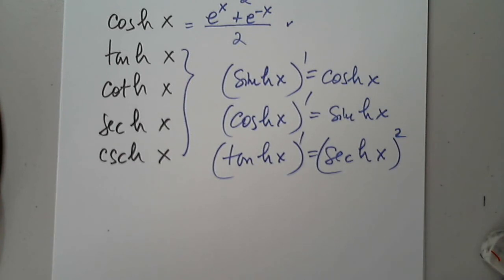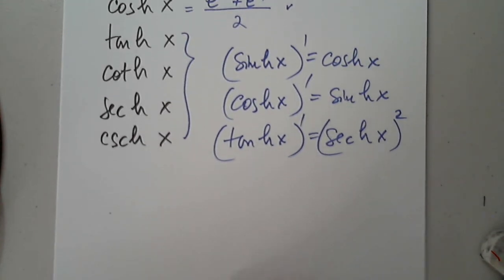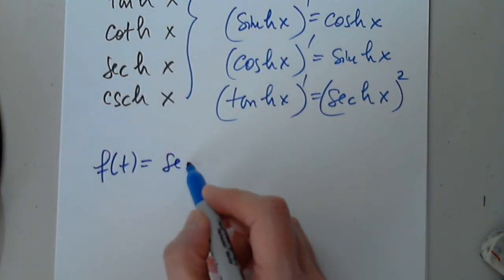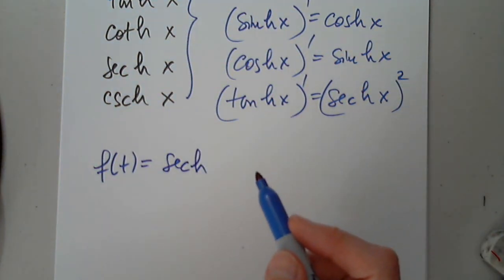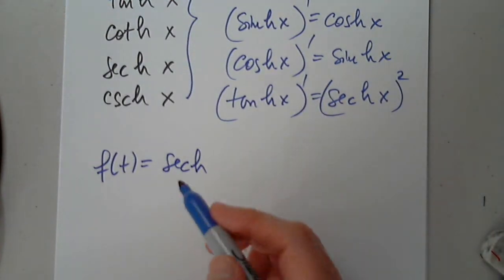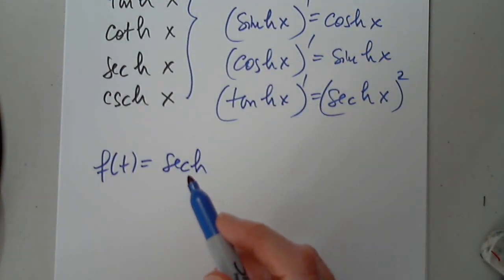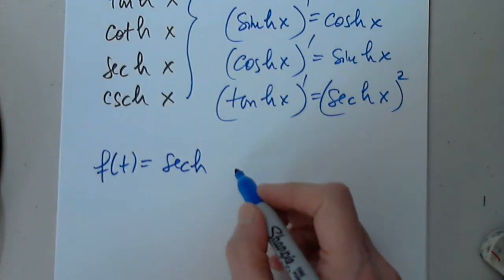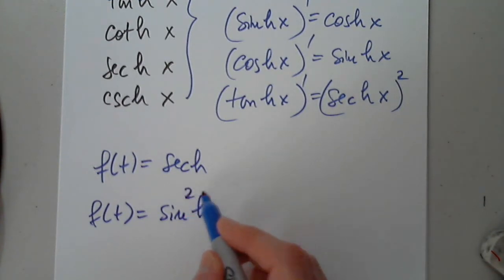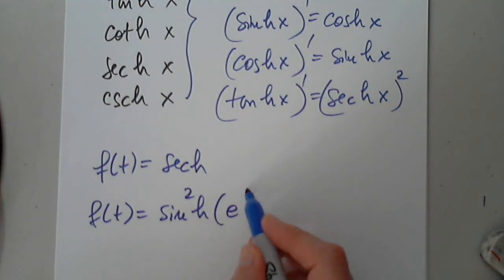So I like to look at a few examples. Let's say, yes, this is a good one. f of t equals hyperbolic sine squared, so I'm going to change that. f of t, hyperbolic sine squared of e to t.